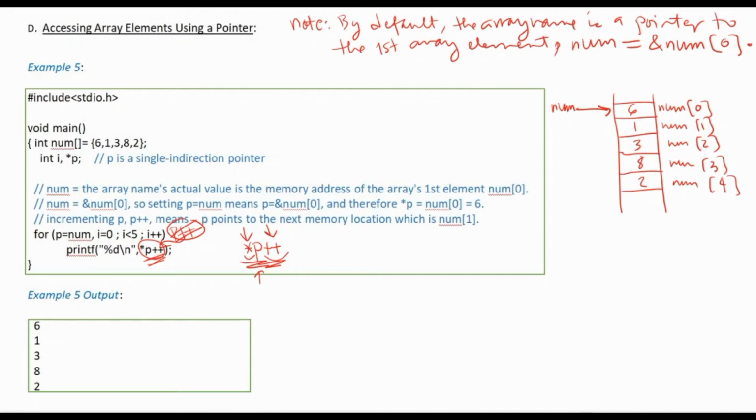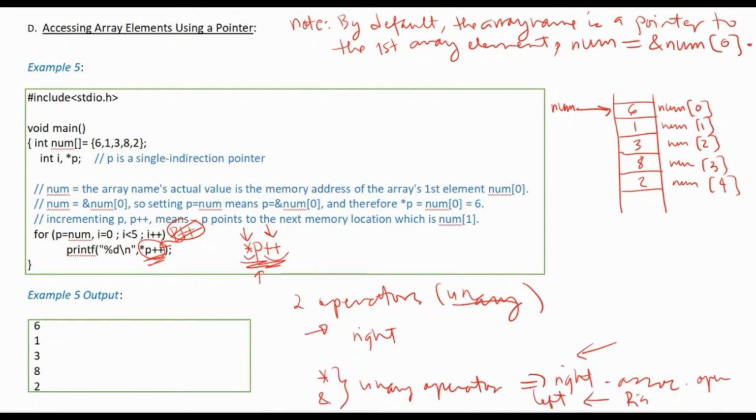Take note that these two operators are unary operators, meaning these operators take only one operand. So when you perform incrementation, the operand is P. Asterisk is not included, unless there is a parenthesis that would override the default order of precedence for these operators.